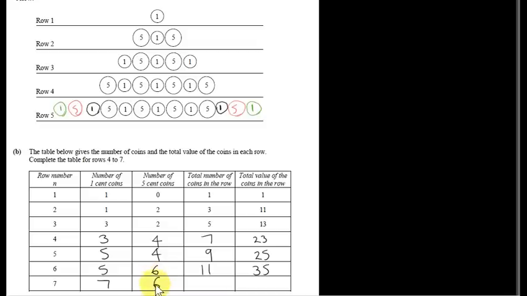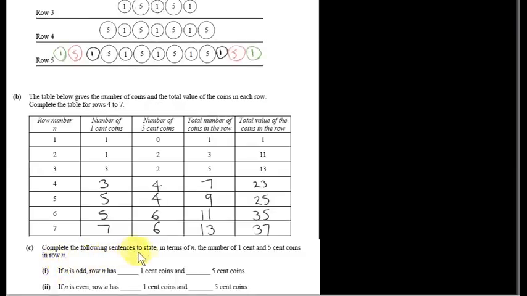So we have 6 5 cent coins. The total number of coins, well, we just add these numbers together, 7 and 6, that's 13. And what about the value? Well, to get row 7 we had to add a 1 cent coin and another 1 cent coin. So we add 2 onto 35, that gives us 37.